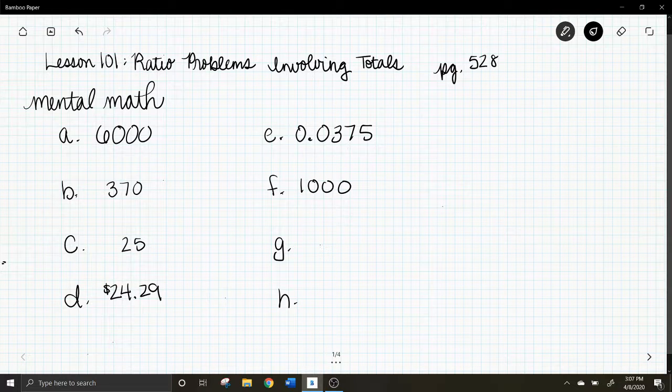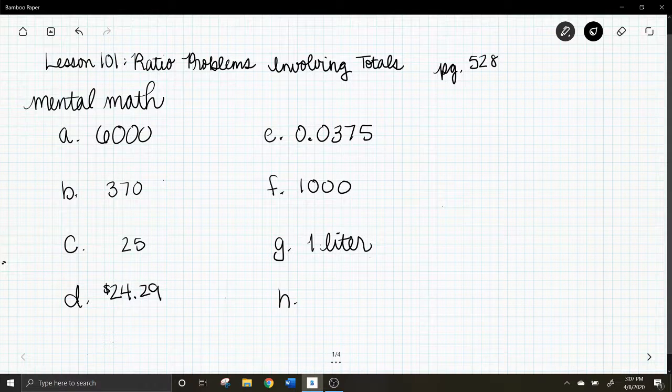Letter G, which is greater, 1 liter or 500 milliliters? What would be the greater amount? The answer is 1 liter, because it would take 1,000 milliliters to equal a liter. All right, letter H. Find half of 100 minus 1.